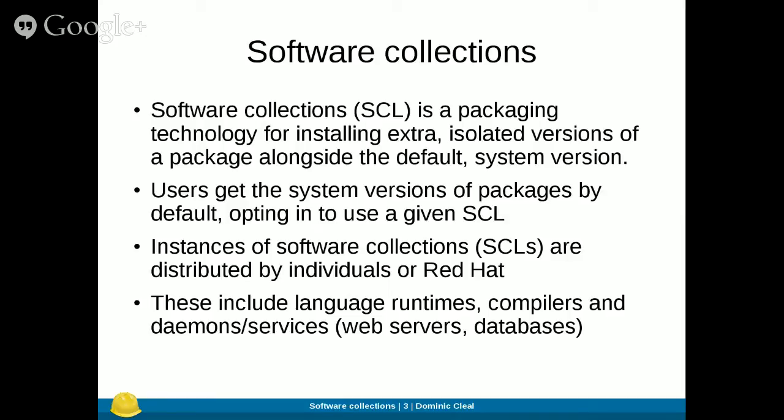And the key point is that they won't interfere with the system version, and that users and applications that want to use software collections can opt in to activate the collection. So by default, you'll be using, say, Python 2.6 from system packages, and you can perhaps opt in to use Python 3.3.